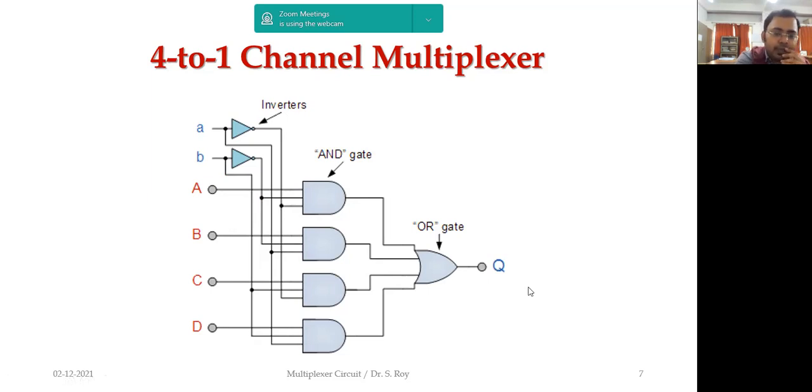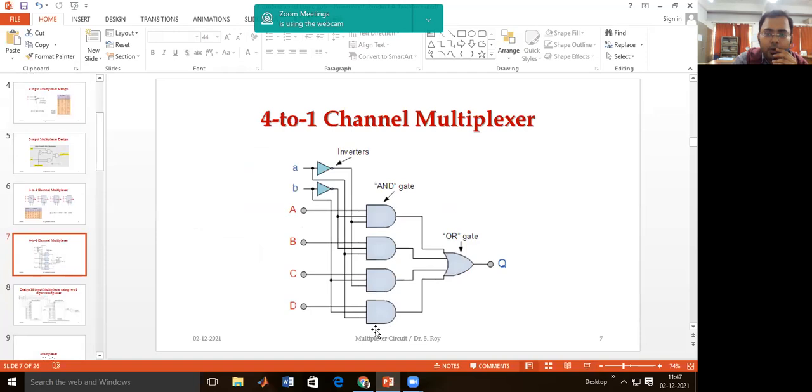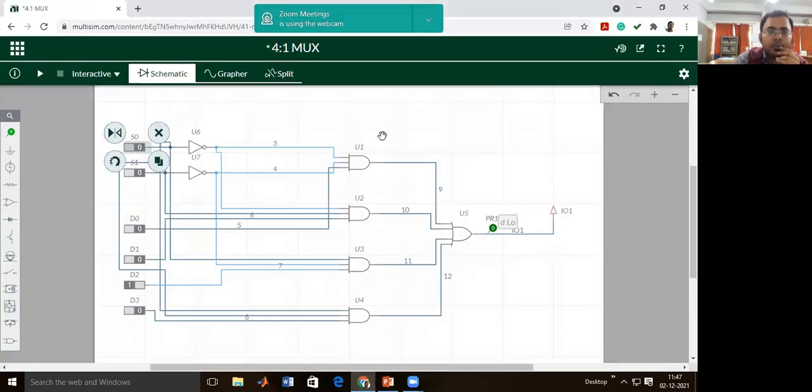If I am going to realize these things with the help of a simulator, I have designed the same thing in a simulator. Here I choose 4 AND gates, U1, U2, U3, and U4.